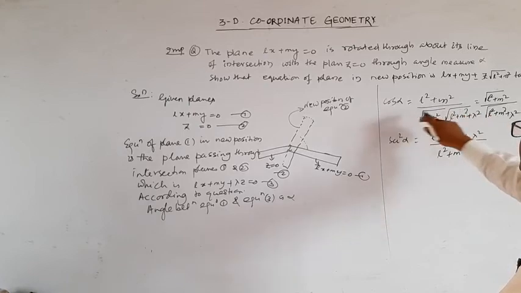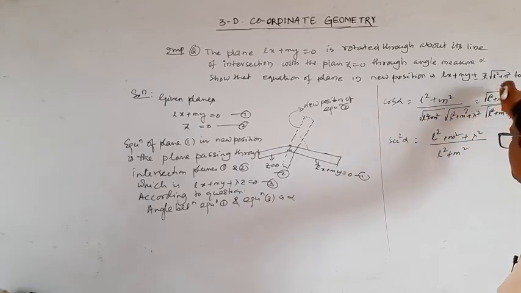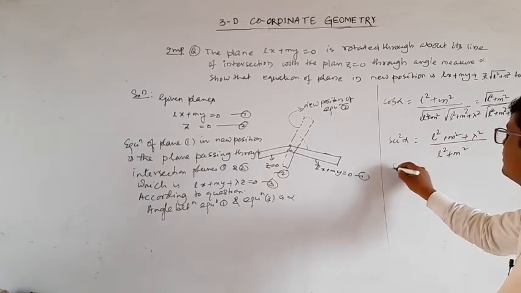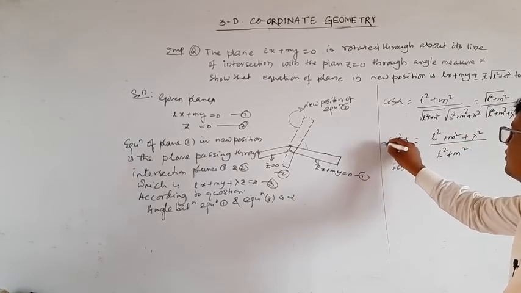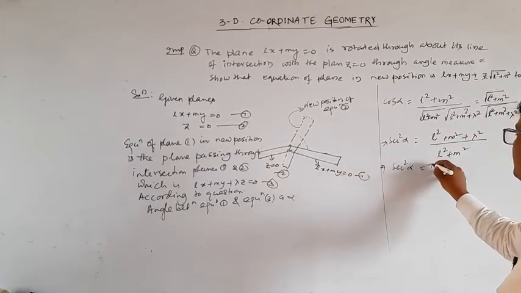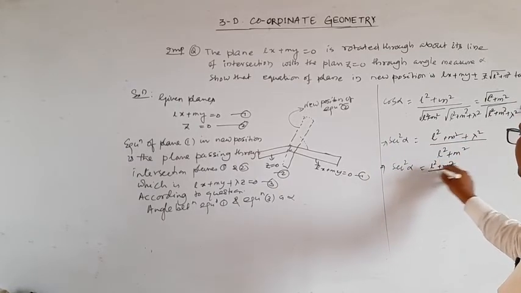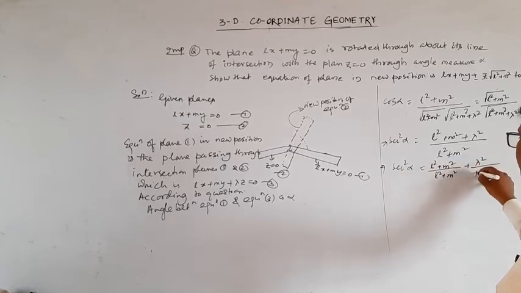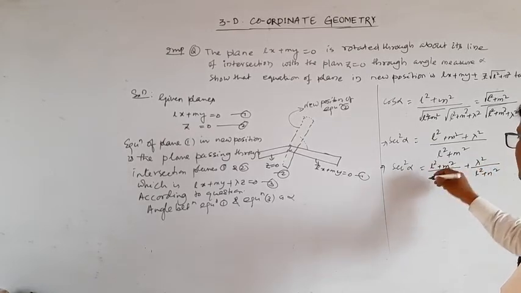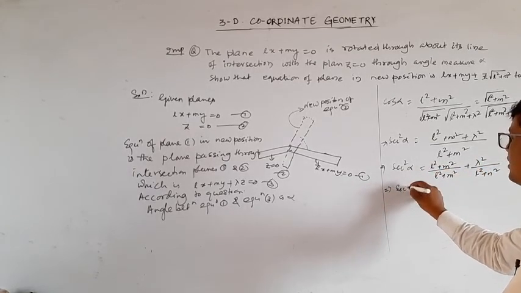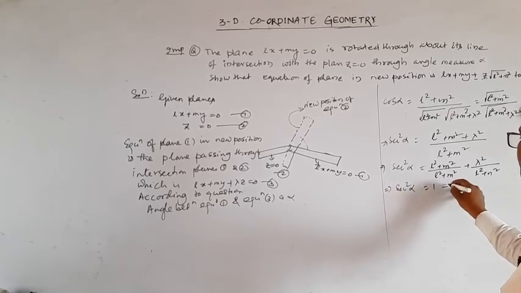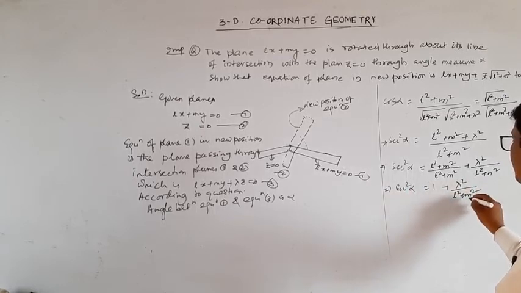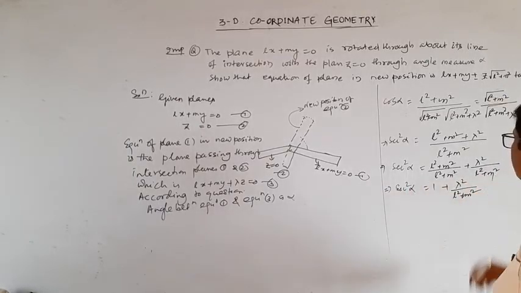This is cos alpha, and sec alpha is the reciprocal of cos and then squaring. So sec square alpha is equal to L square plus M square by L square plus M square, plus lambda square by L square plus M square. This is 1. So sec square alpha is equal to 1 plus lambda square by L square plus M square.